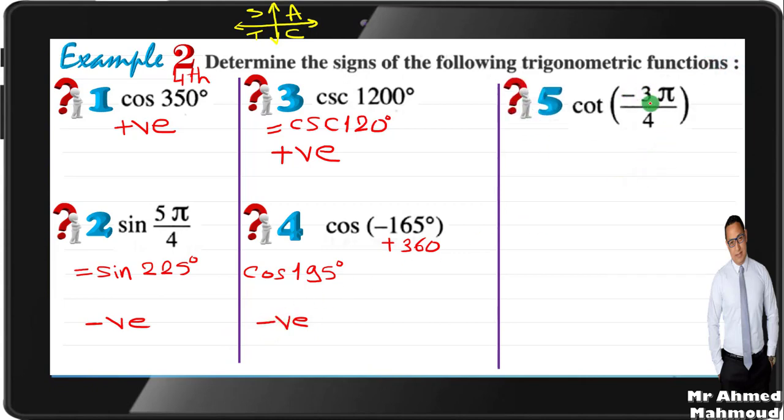Cotan negative 3 pi over 4 equals cotan negative 3 times 180 over 4, equals negative 135 plus 360, equals cotan 225. 225 belongs to the third quadrant, and in the third quadrant tan is positive, so cotan also is positive.